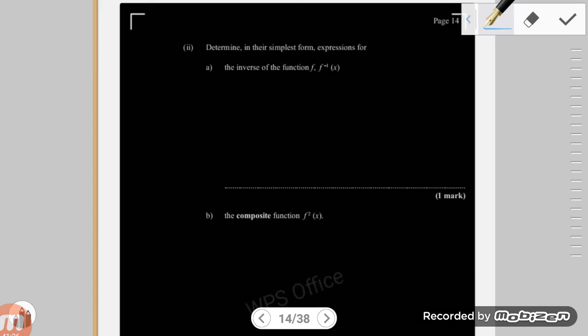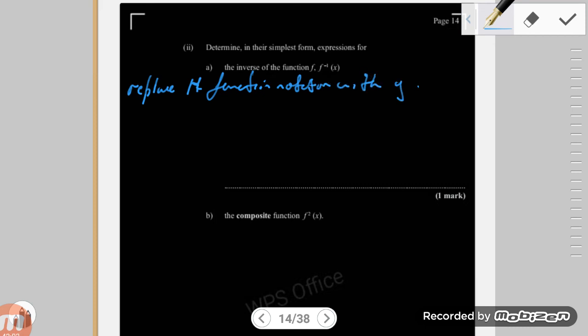Determine in its simplest form an expression for the inverse function f minus 1, the inverse of the function f, which is f minus 1 of x. Alright, now to do this, guys, there are pretty much 3 steps. You might have seen when I told you in the previous video that the 3 steps for the function is: replace the function notation with y.